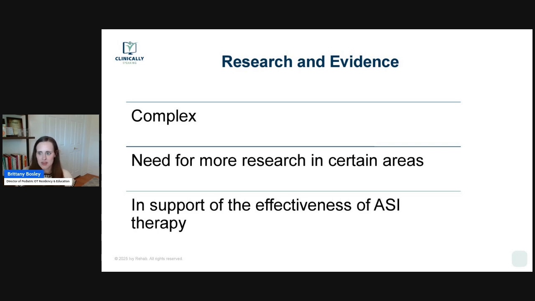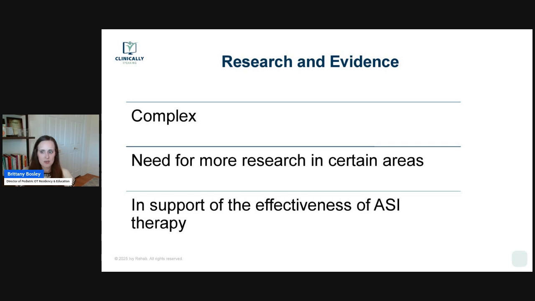Emerging evidence with improved methodologies is beginning to shed light on the potential benefits of Ayres Sensory Integration therapy. For example, an overview of studies that support the effectiveness of ASI therapy in improving self-regulation, motor skills, and adaptive behaviors has been done. And we're seeing more and more research come out in support of the effectiveness of Ayres Sensory Integration therapy.